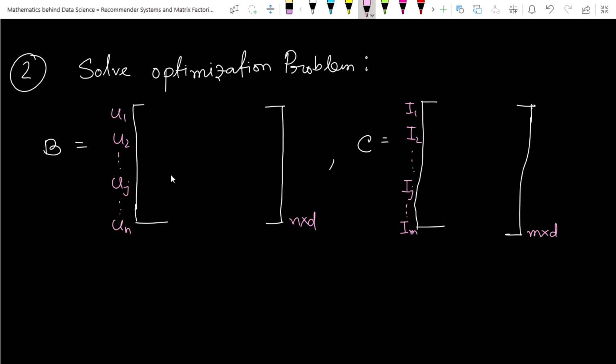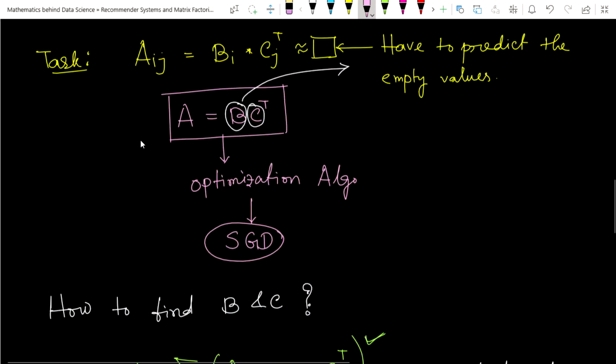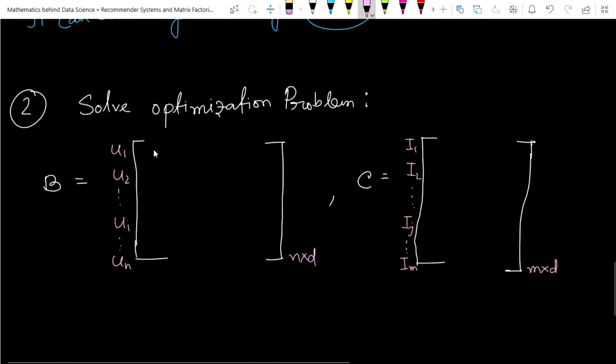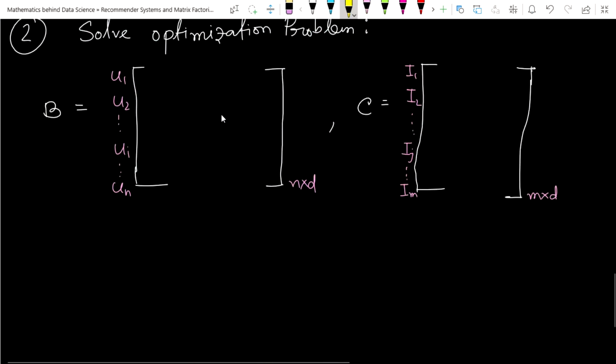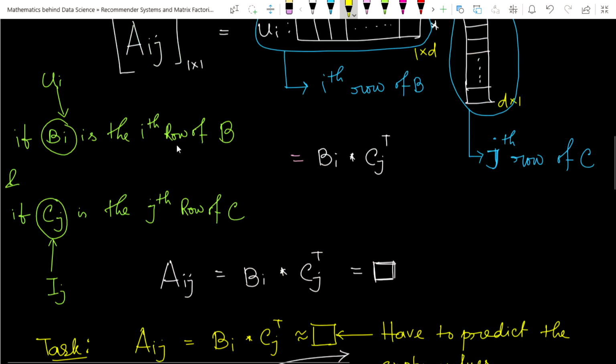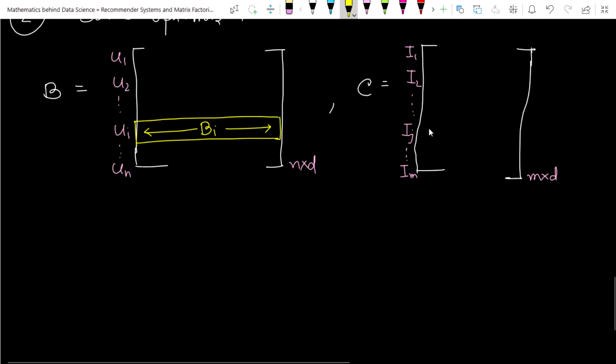Sorry, I think it's my bad. The ith row of B is the bi, and the j is the jth row of C, and these things are actually the Cj's.